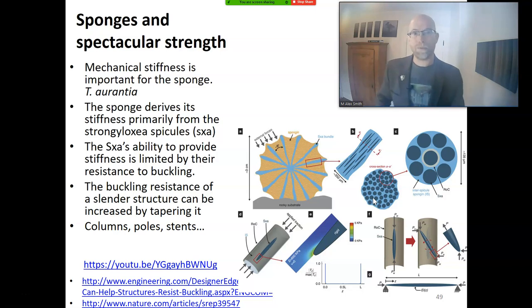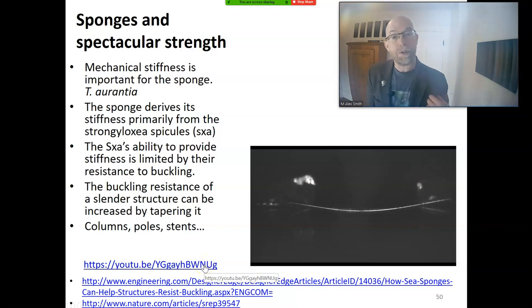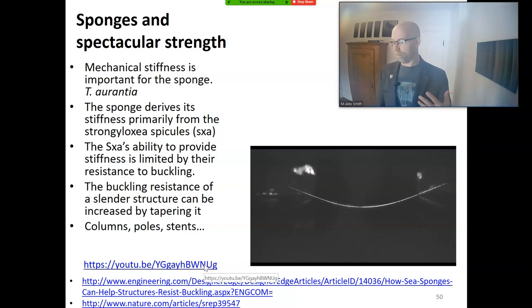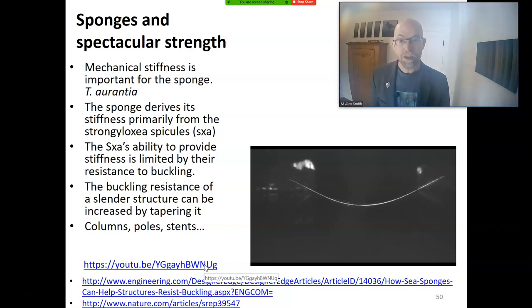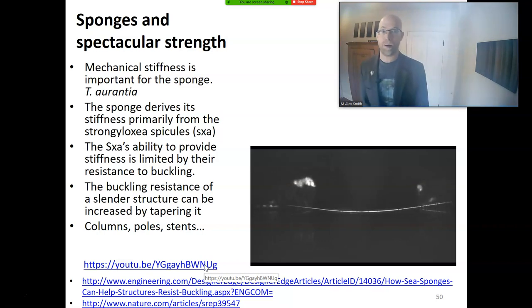And there's a whole bunch of different ways that you can imagine using what we learn from the creation of spicules in terms of the design of tent poles, columns, stents, even in terms of using them inside of our body. So you're looking at a video here from this particular study. This is a Nature study that came out a couple of years ago.